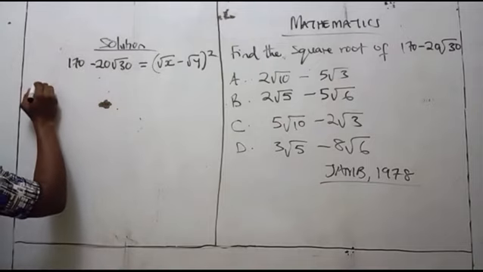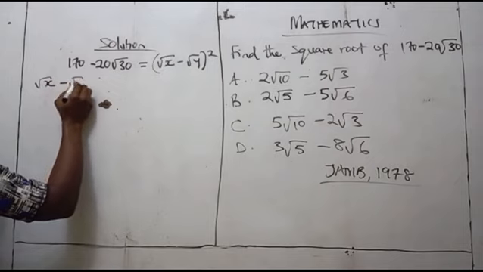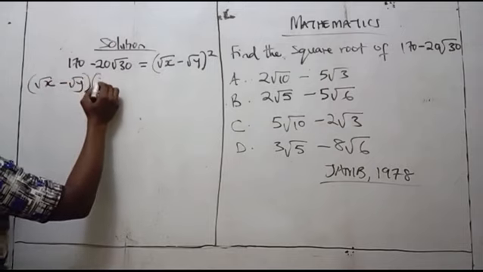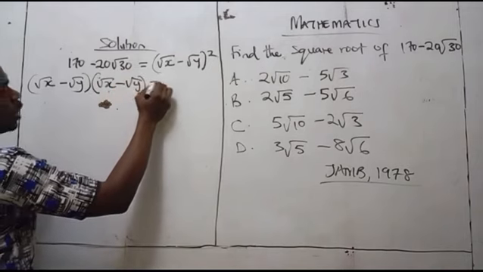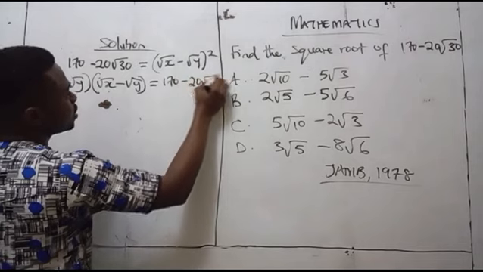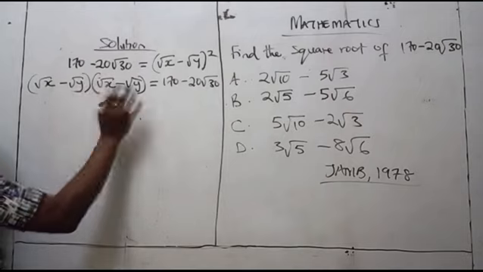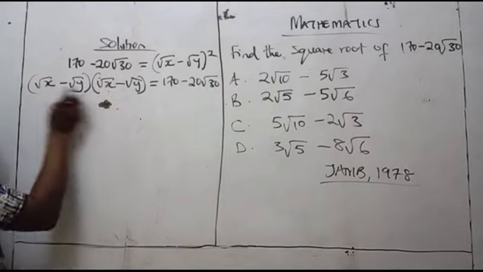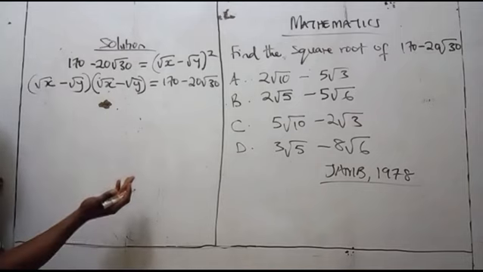We have root x minus root y times root x minus root y, which will be equal to 170 minus 20 root 30. If we expand this, root x times root x will definitely give us x.